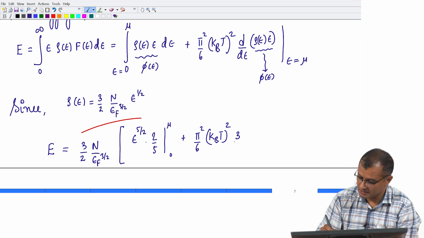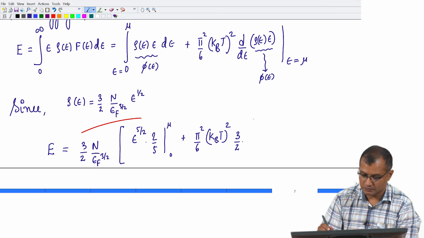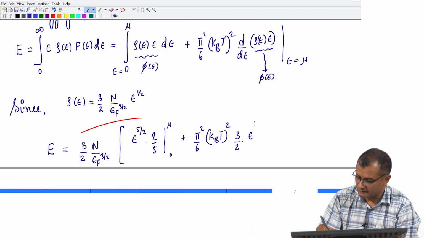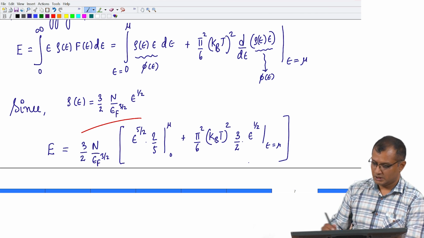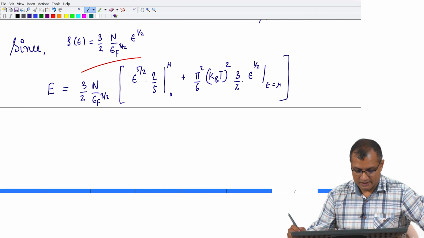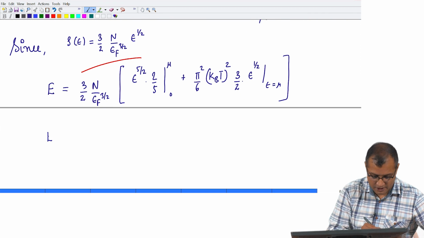So, that would be 3 by 2 into e raised to half at E equals to mu. Fine. So, now you can see that this becomes a nice expression.